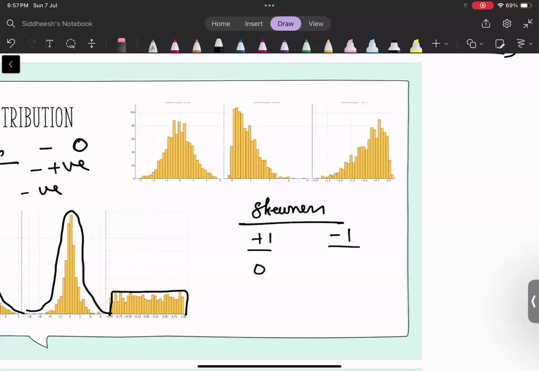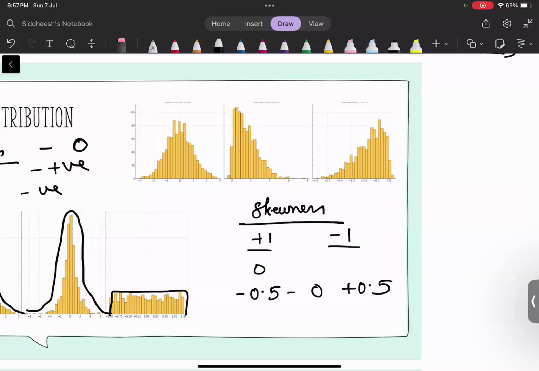If it is zero, then it is completely fine to go. We are also happy to accept your data if it is from minus 0.5 to 0 or 0 to plus 0.5. It is also acceptable, but not plus 1 or minus 1. Correct? Remember the cutoffs: 0 to 0.5 in both directions, and plus or minus 1 in both directions.